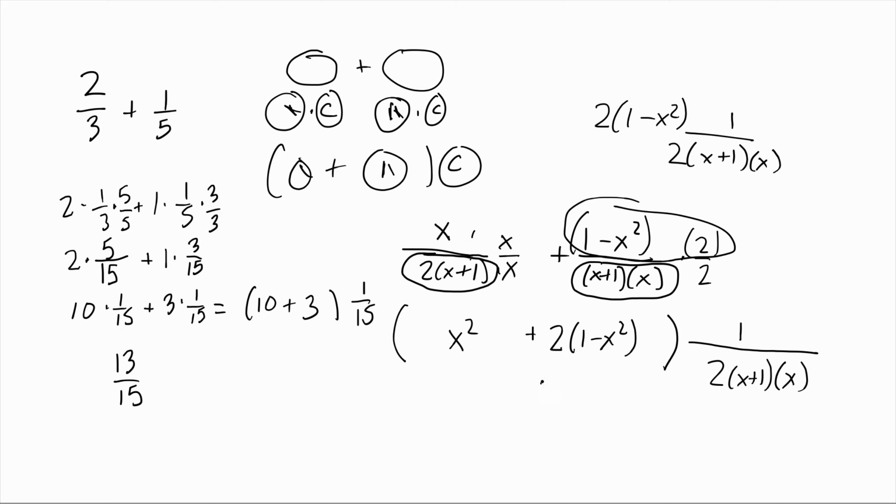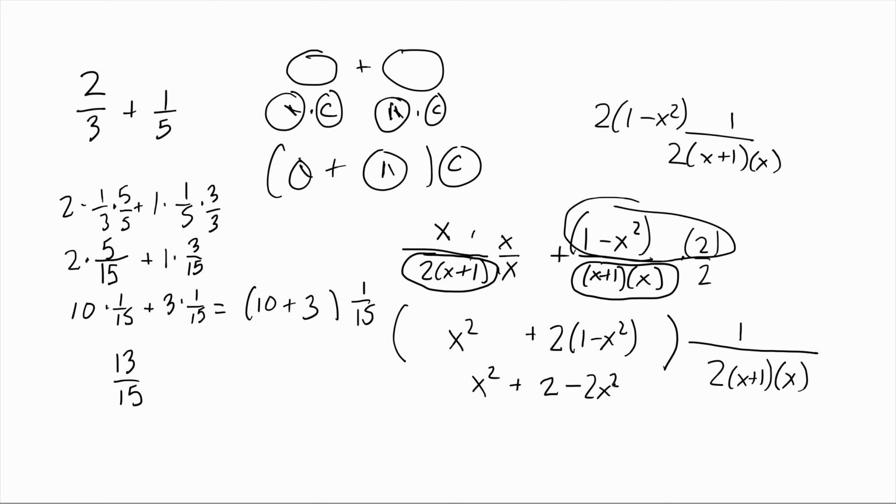Distribute the 2. I mean, we could further rewrite this because I see that there's going to be something common here that'll cancel. So sometimes if you see something might cancel when you multiply it out, go ahead and do it if it looks like it's going to make it look a little simpler. 2 minus 2x squared, and then we have x squared on the top, all right?